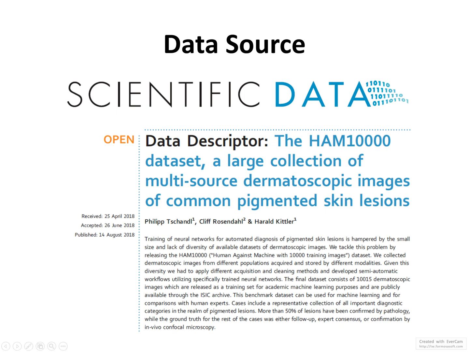The data I provided in this case presentation two is from a public open database called the HAM10000 dataset. This database is a collection of multi-source dermatoscopic images of common pigmented skin lesions.